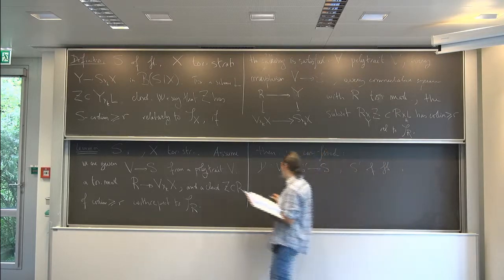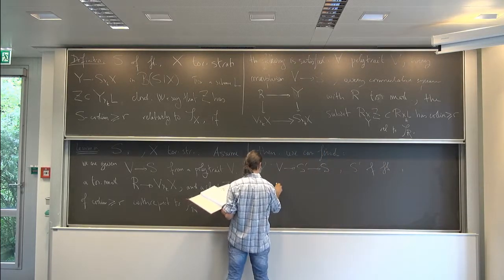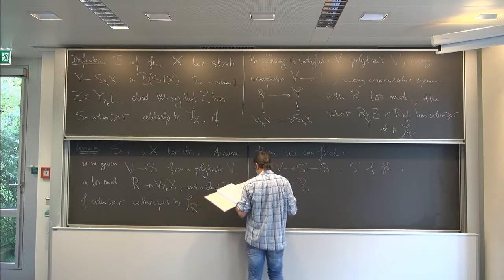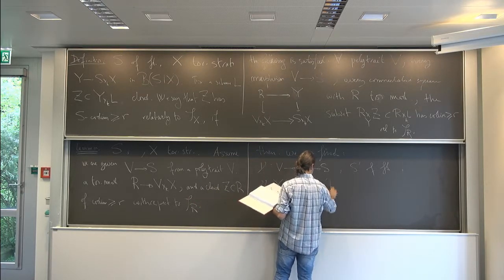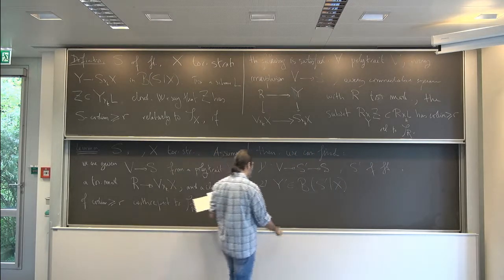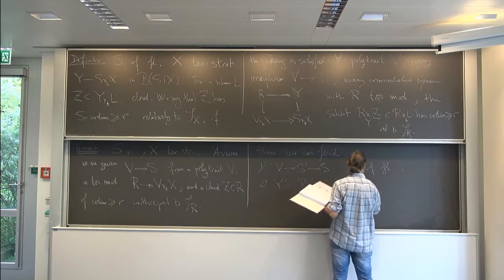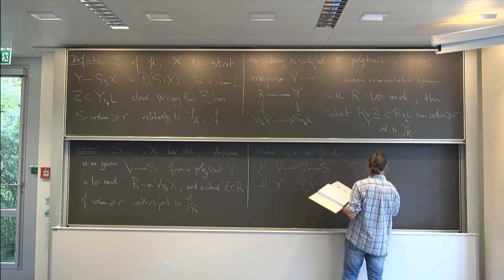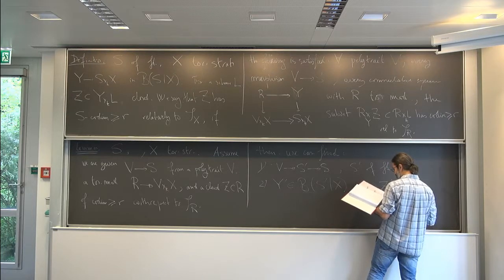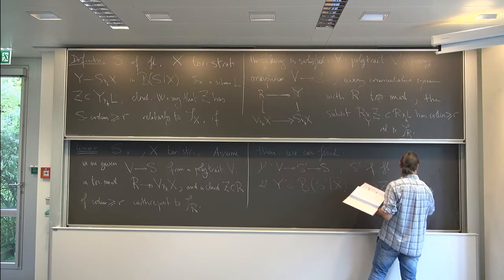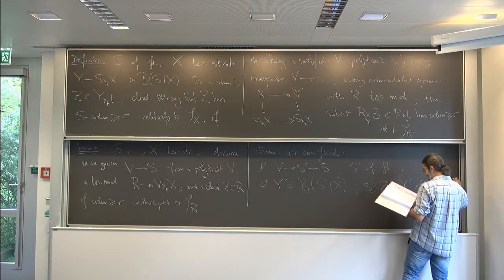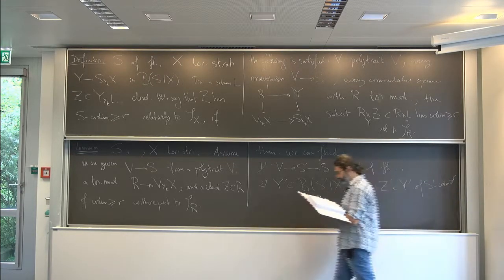We can find Y prime in the category of blow-ups of S prime times X. We can find also Z prime inside Y prime of S prime, of codimension bigger than r relatively to S_X.